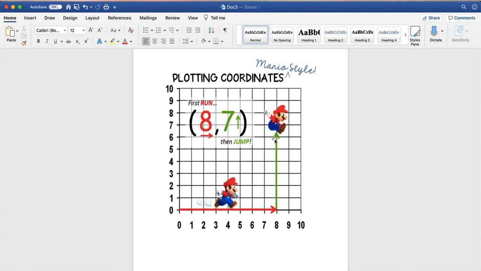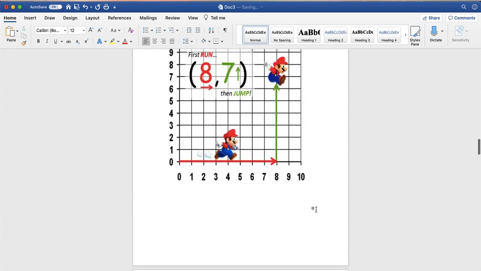So remember, an ordered pair, I'm just going to type that for you, make it bigger. So an ordered pair, we always use our parentheses.